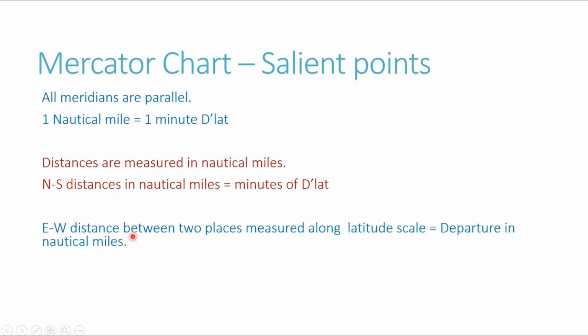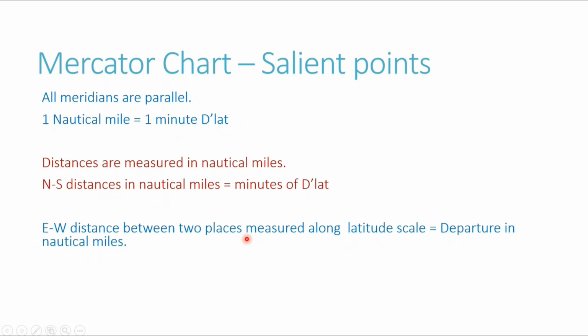The east-west distance between two places measured along the latitude scale gives you the departure between them in nautical miles. If you measure the east-west distance between two places along the longitude scale, it will give you the D long.